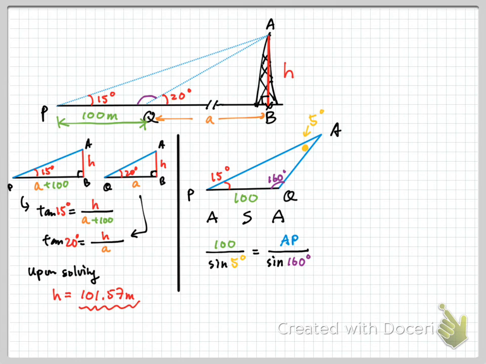Now, what do we do after we have AP? After we have AP, we can use a simple trigonometric ratio to find the height of the tower. We can go back to the triangle ABQ to get H, the height. Oh, sorry, AP will be that one. Sorry, I have to use the triangle APB. P is this one.